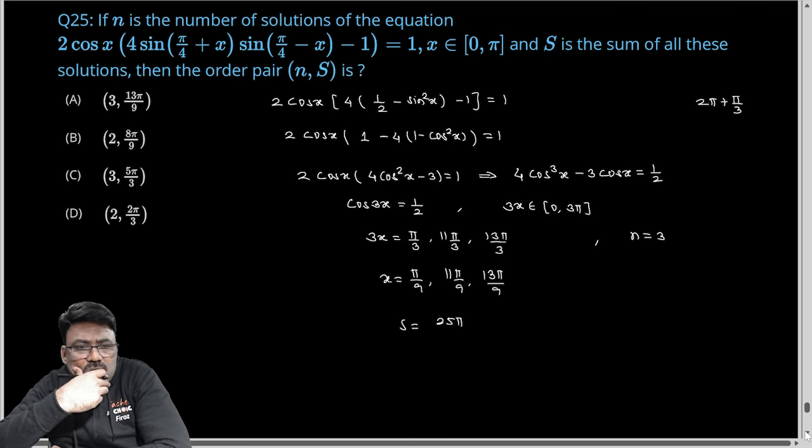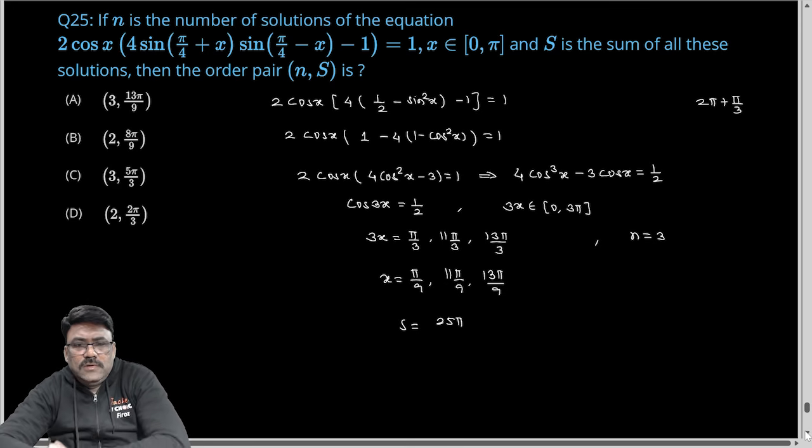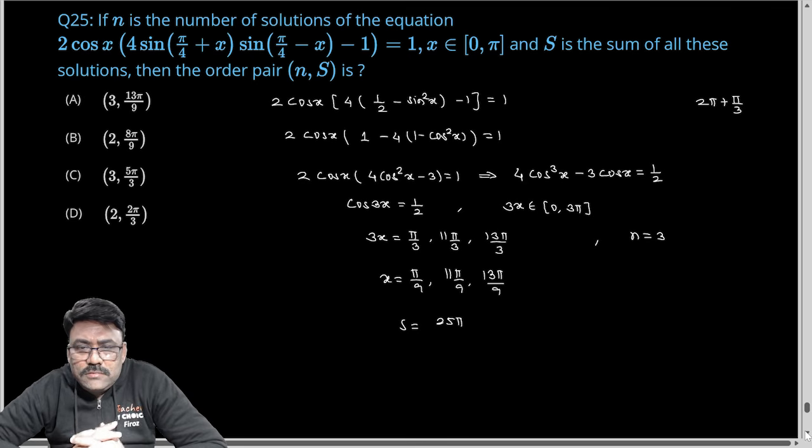But it is given 13 pi by 9, 5 pi by 3. But they're asking the sum of all the solutions in the interval 0 to pi. Cos 3x is half. Yes. It is pi by 3.